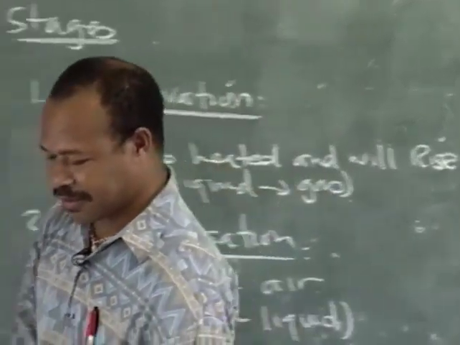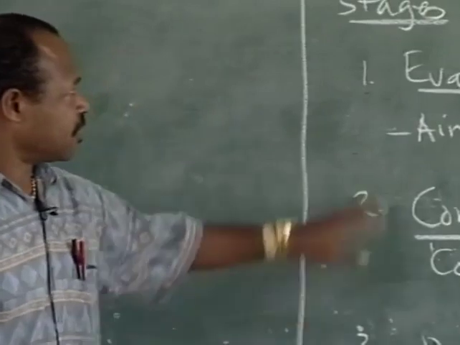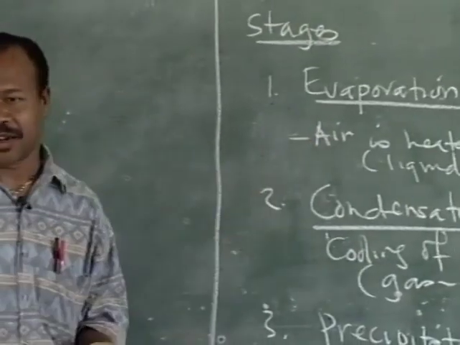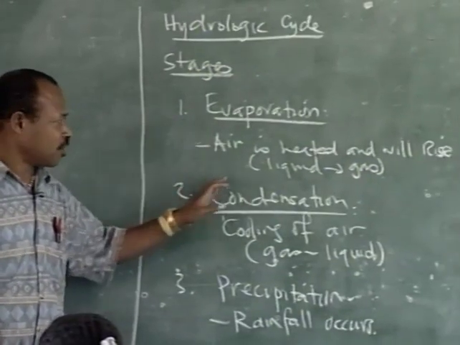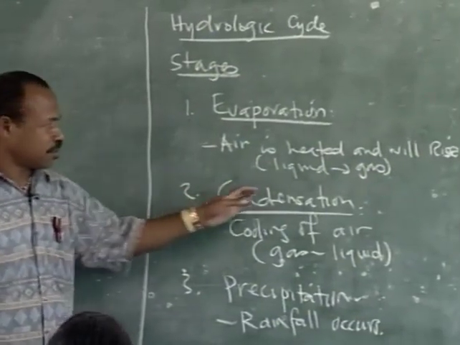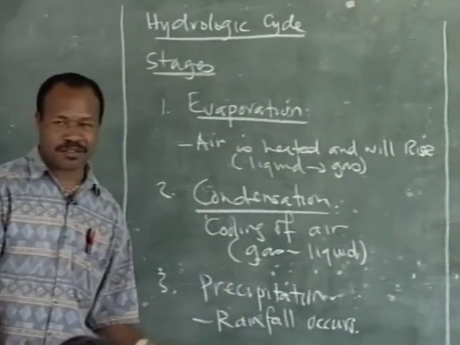With the frontal rainfall here, the hydraulic cycle still occurs in that process. We have evaporation or a change of state from liquid to gas and condensation and also precipitation all taking place here.